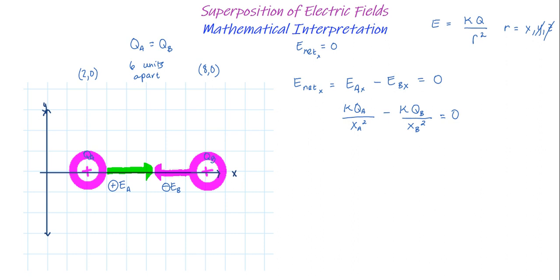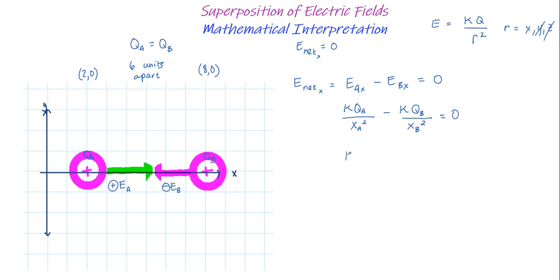The issue I have here is that the way I have it set up, QA and QB are variables, XA and XB are variables, and I would have too many unknowns. So I'm going to try to write XB in terms of XA, so that we find one location rather than the distance from the QB particle and the QA particle.